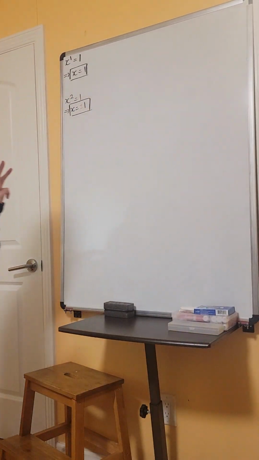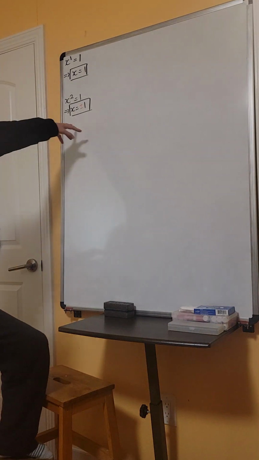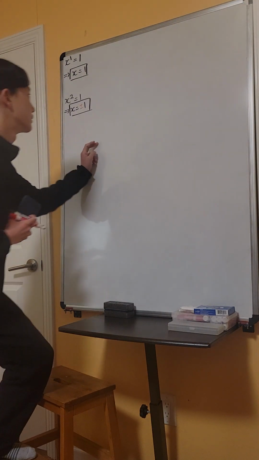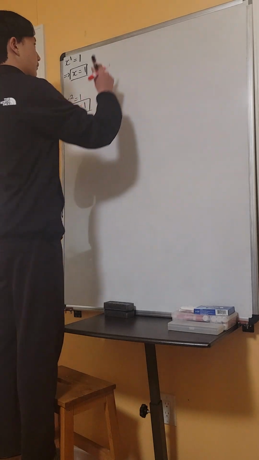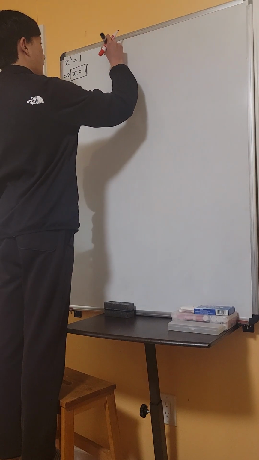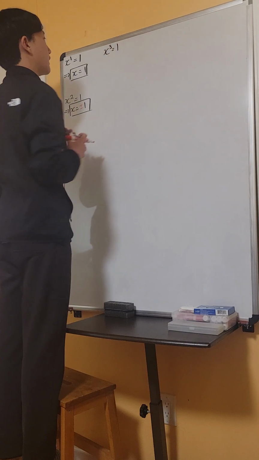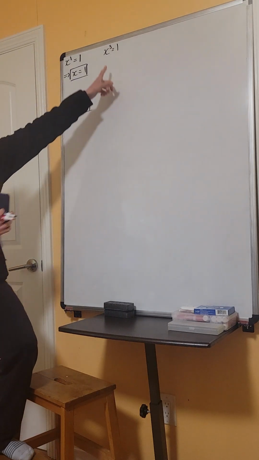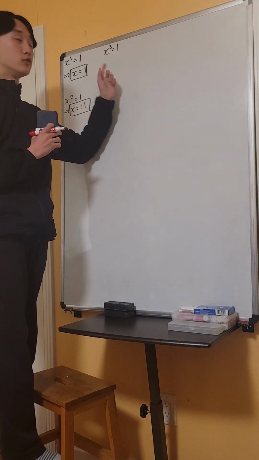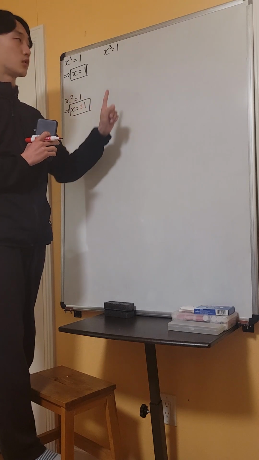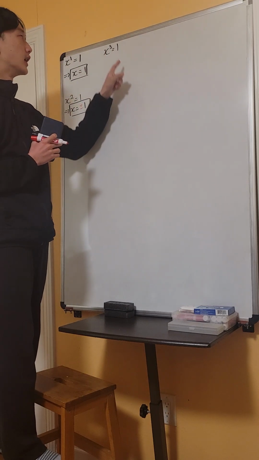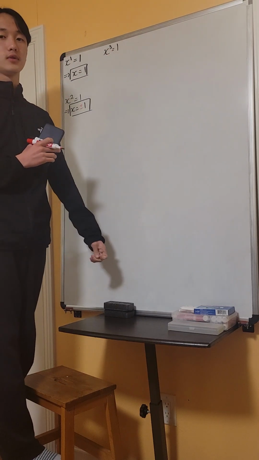Okay, what about the 3rd power? That's when it gets a little more convoluted. We want x to the 3rd power to be equal to 1. We're not just going to take the cube root of both sides, since taking the principal cube root only returns 1 solution. We're looking for the other 2 solutions too, because this is a 3rd degree polynomial.